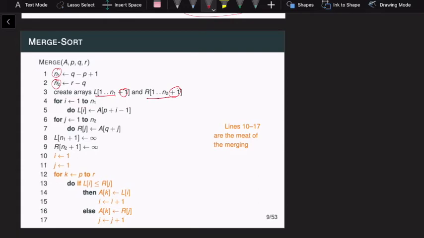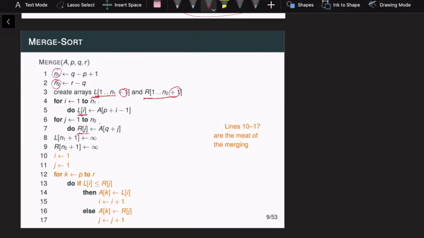Then all we do is we call one of the arrays that we created L, and the other one R. What we're going to do after that is move all the elements from the array A into L for the first part, and then into R for the second part. So we just have N1 and N2 elements in L and R respectively.